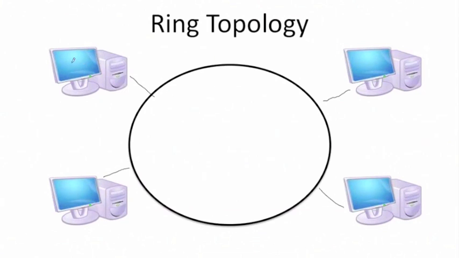And if this computer wants to send data to, let's say, this computer, then it sends data through this, and then it goes around the ring, and then it goes here to this computer where the data is saved, and then it moves along to the other computer where the data finally reaches its destination. So unlike the bus topology, there's no data destroyed, but rather it keeps moving around the ring.